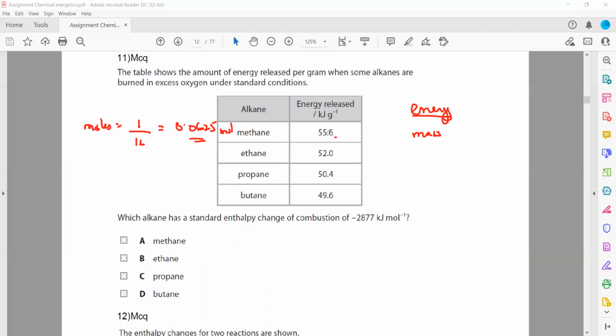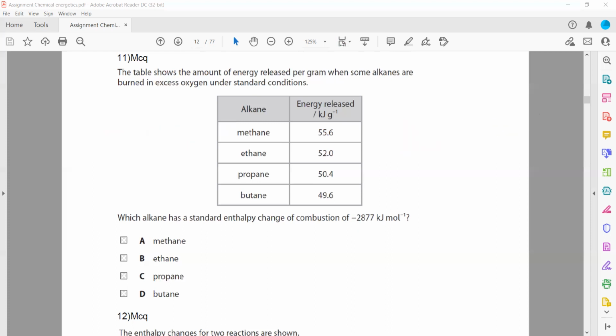We need it for each mole, so we'll divide by this to get energy per mole. 55.6 divided by 0.0625 gives 889 kilojoule per mole. So it does not match with this.